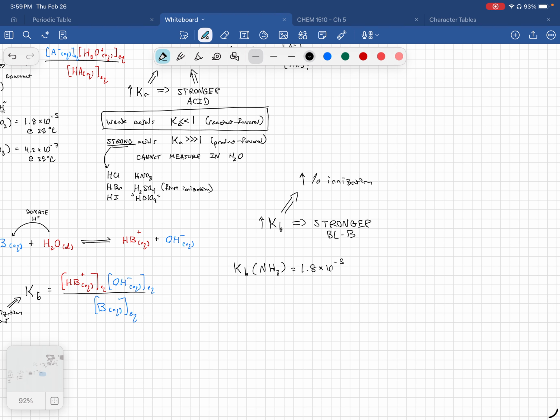And it's the same deal as before. The percent base ionization is going to be the equilibrium concentration of HB plus over the initial concentration of B times 100.